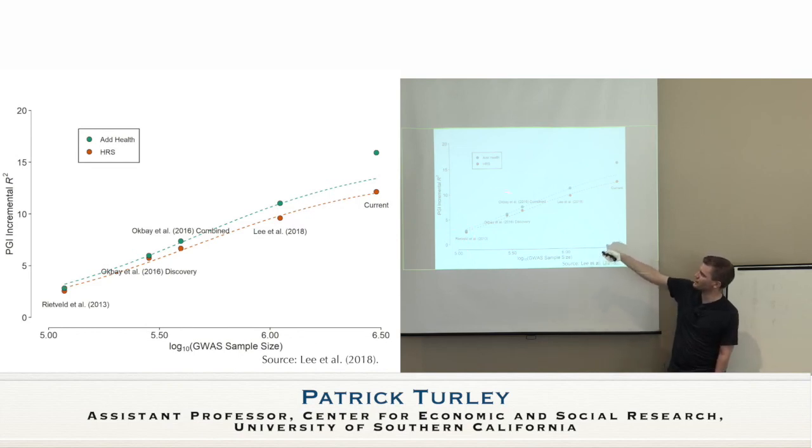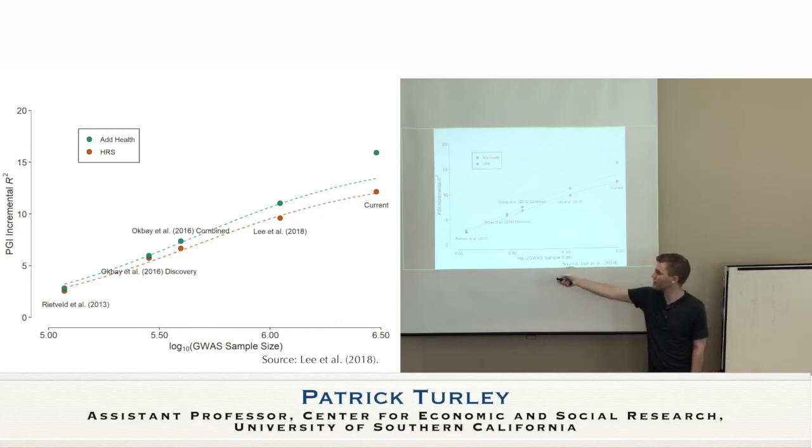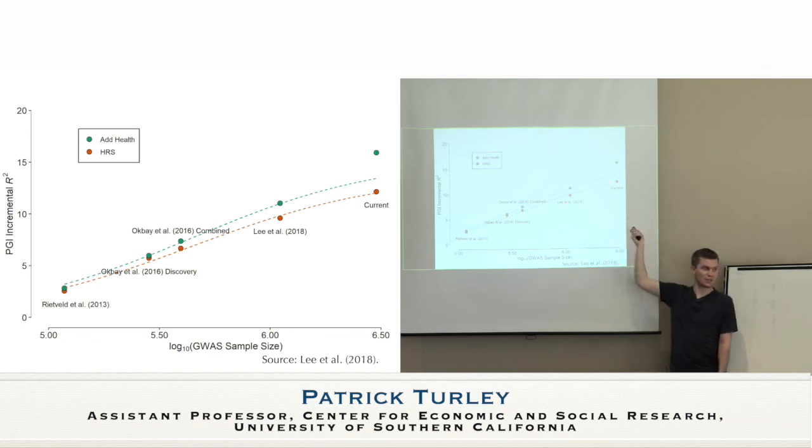These sets of 4 dots here are based on the EA2 discovery and EA2 combined discovery and replication. These two are EA3, and this is for the upcoming EA4. We've predicted educational attainment in the AdHealth sample and in the Health and Retirement Study. You can see that there is a steady increase, so that's great. I told you that as you increase sample size, predictive power should go up, and it does.